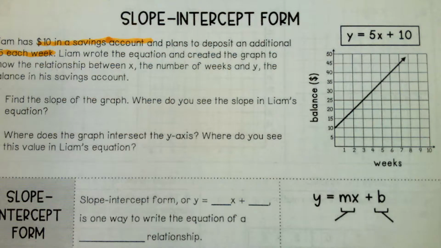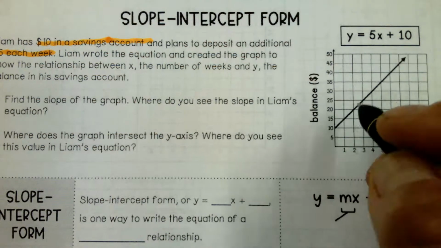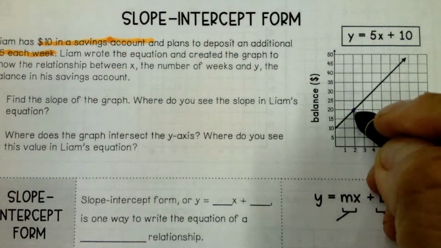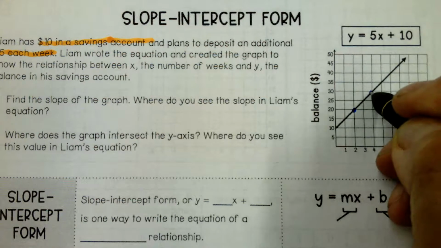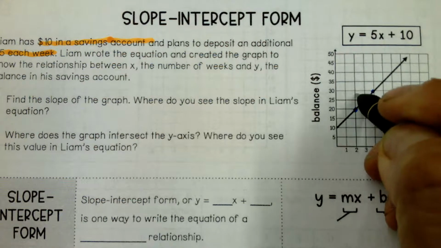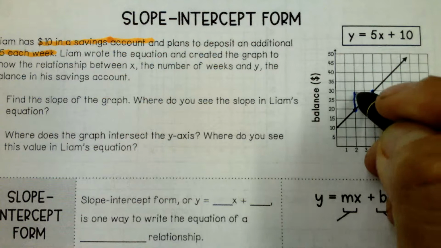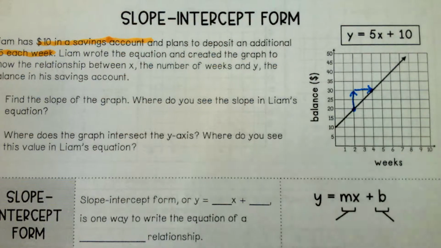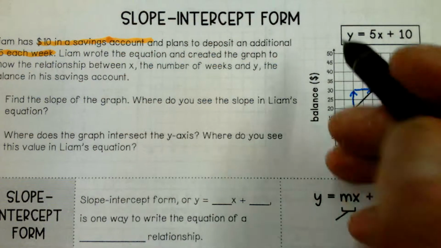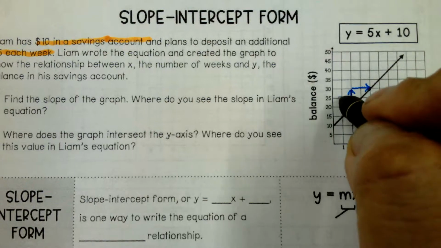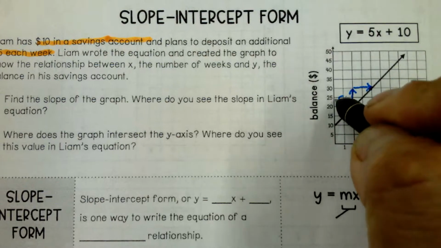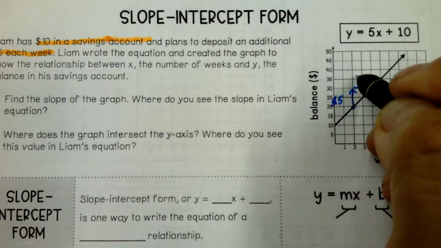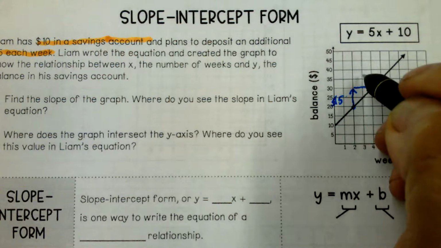So the first thing we want to do is find the slope. You can pick any 2 points. So I could say this is $5 in 2 weeks.